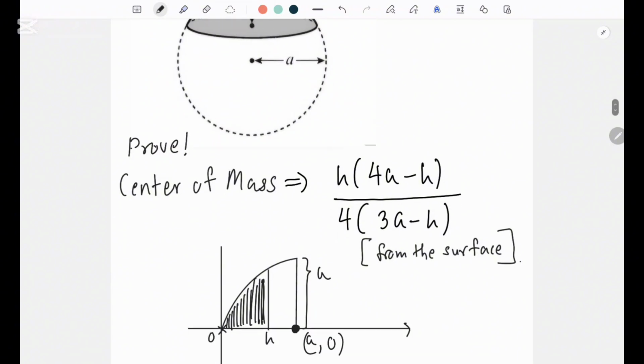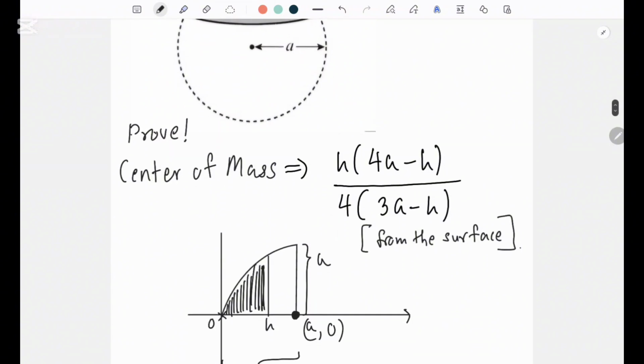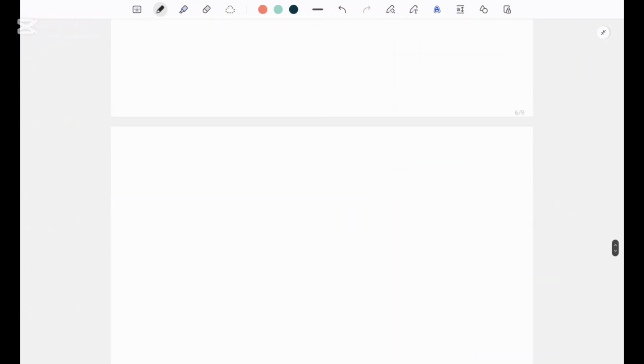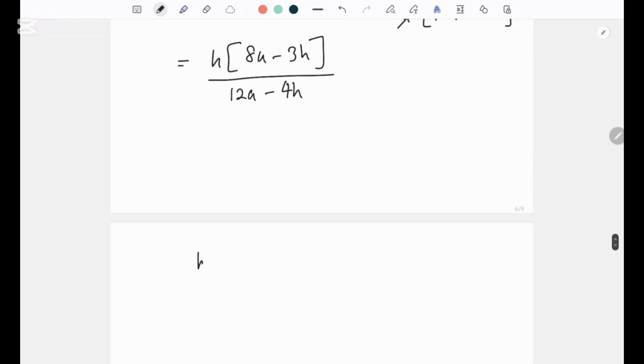So we got the center of mass from the origin, but we need it from this line. So we need to subtract this from h, right? So it's h minus the center of mass from the origin, right? So it's h minus h into 8a minus 3h over 12a minus 4h.